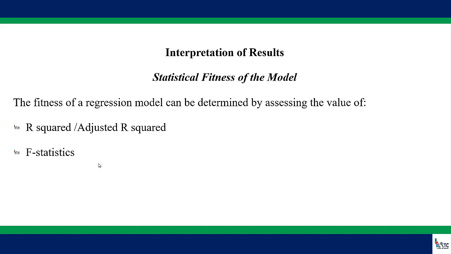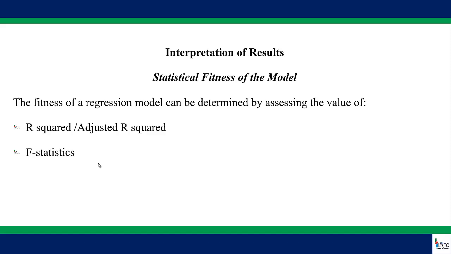Now the next thing we need to look at is the statistical fitness of the model. Please take note that three key indicators of statistical fitness are R-square, adjusted R-square, and F-statistics.